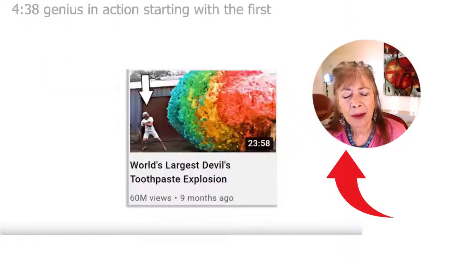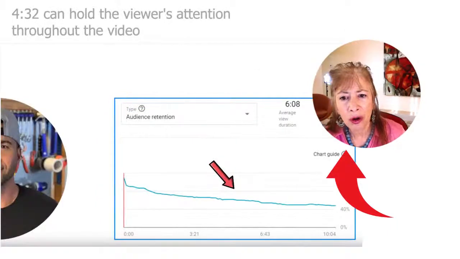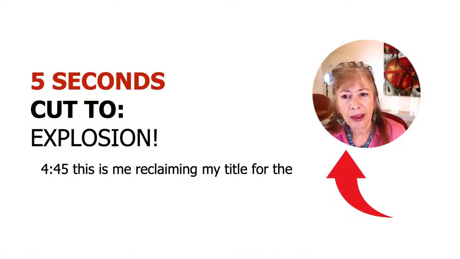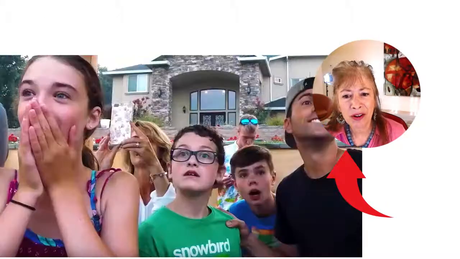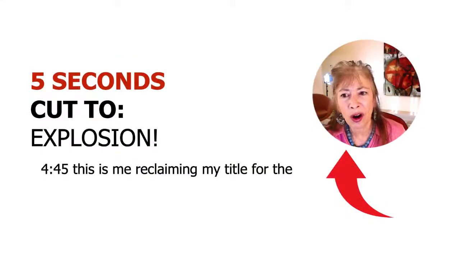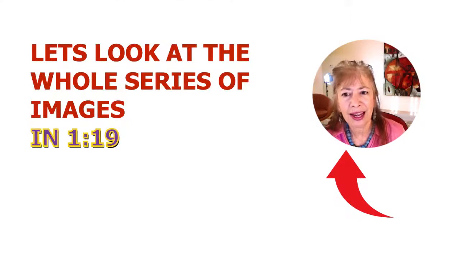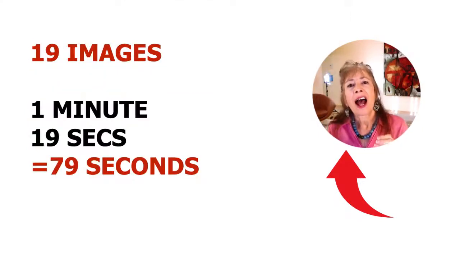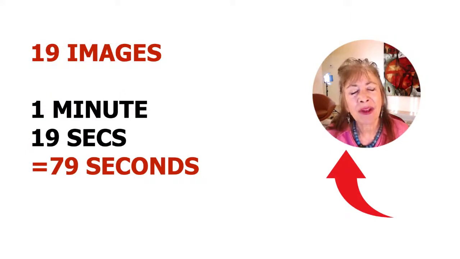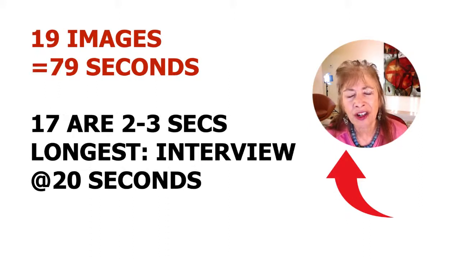And now if I click back and I show you, there's that fabulous explosion, right? Fabulous explosion, the faces, the joy, the oh my God, I can't even believe it. And then that whole series of images turns out to be 19 images by Paddy Galloway in 1 minute and 19 seconds. That's only 79 seconds, and he just showed 19 images.